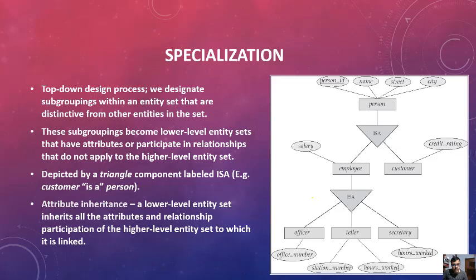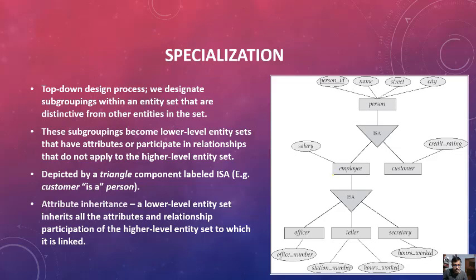So here we have made this a top-down approach. We made that person entity. A person is an employee and is a customer also. So we divide this person through the is-a relationship. That means person is specialized into employee and customer. All the attributes which are available in the person are also in the employee.